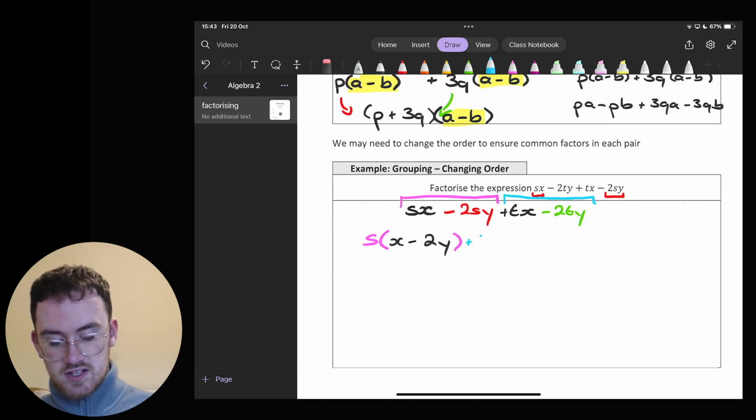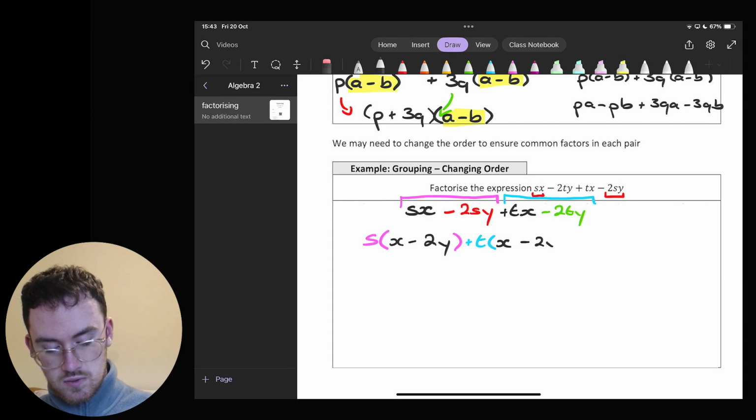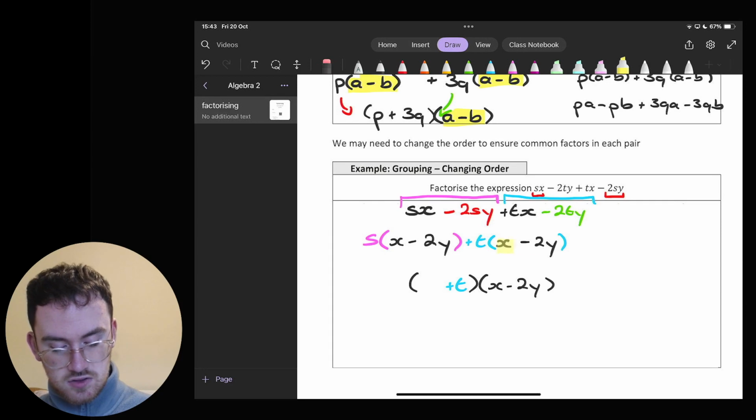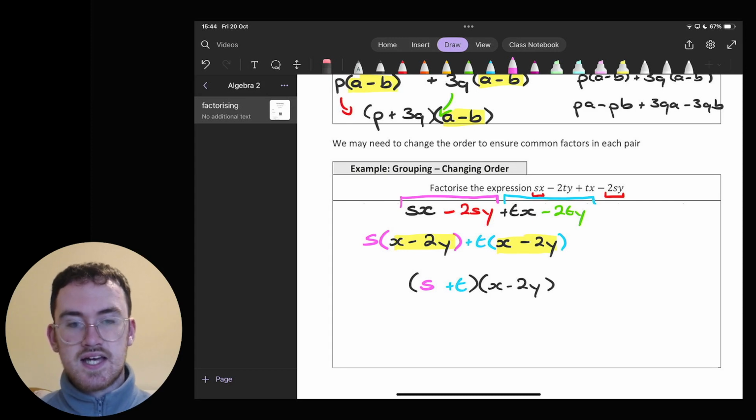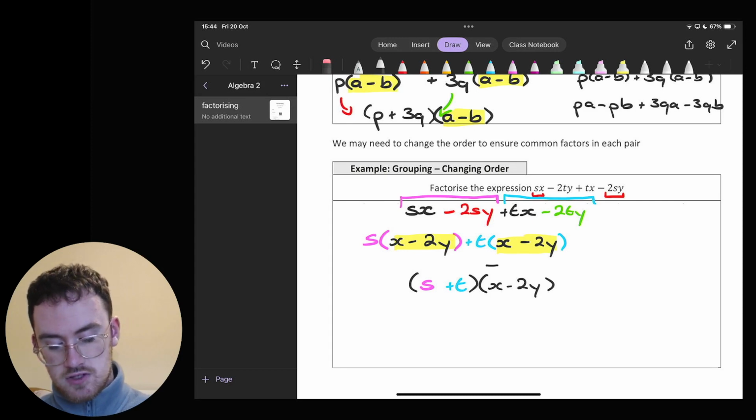Again, the highest common factor here is just a plus t. And I'm going to be left with x minus 2y. And lastly now, I just put those together into a nice bracket for myself, keeping this bracket the same, and we're happy enough that we've checked that these two do match. And I get s plus t times x minus 2y as my two factors there.